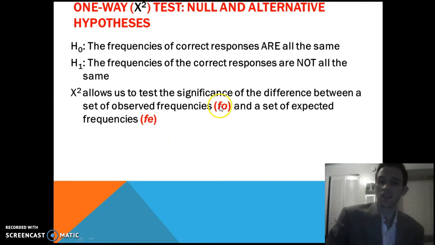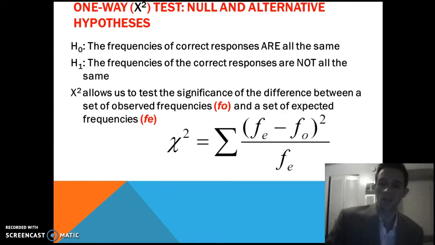And you're going to start to see in the equations FO and FE, the frequency of observed and the frequency of expected. So when you see FO and FE, you can translate this in your mind to observed and expected and really do quite well with that. You're going to see an equation like this.